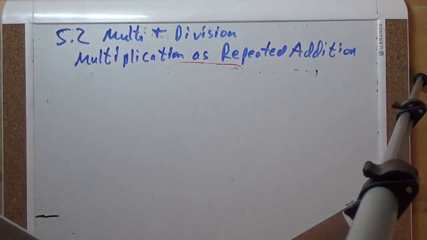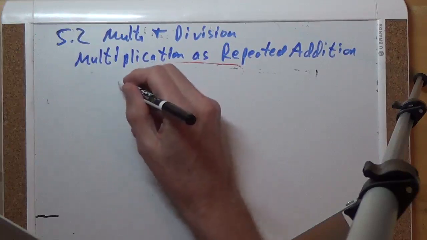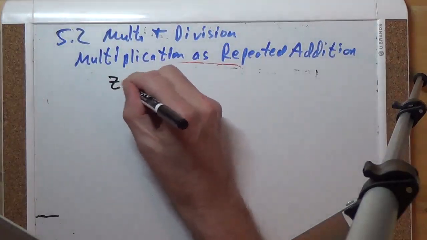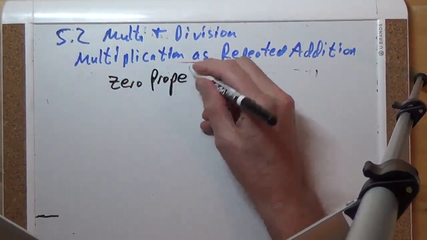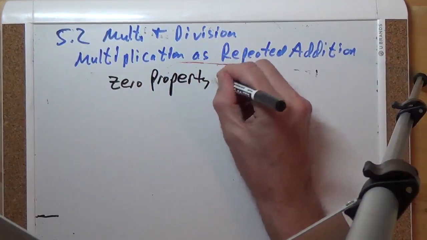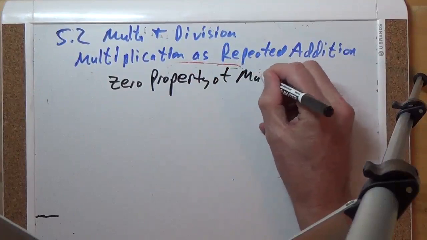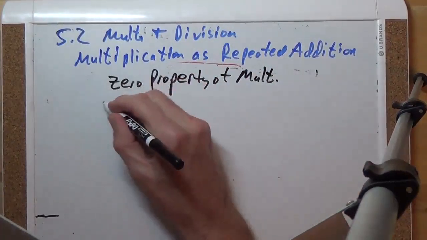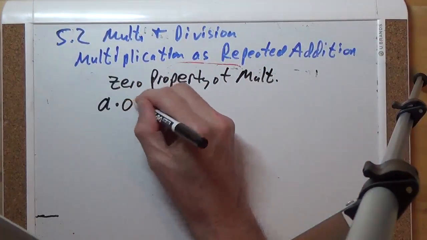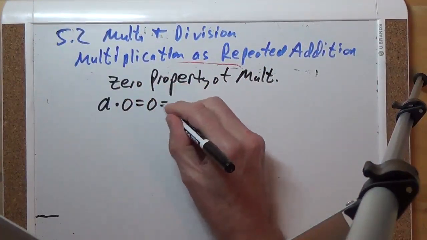I want to show you 2 other things. There's a kind of a new property with multiplication here. It's the 0 property. Hopefully you've been reviewing all your commutatives and all that stuff. Basically it says if you have a number times 0, you get 0.